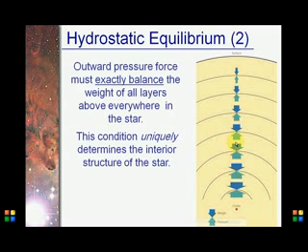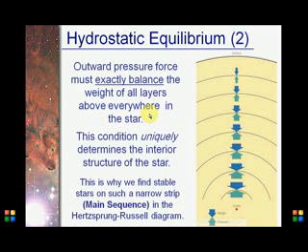So these are the shells, and the pressure and the gravity acting in equilibrium. Outward pressure force must exactly balance the weight of all layers above everywhere in the star. This condition uniquely determines the interior structure of the star.